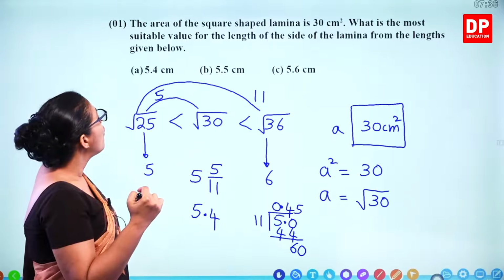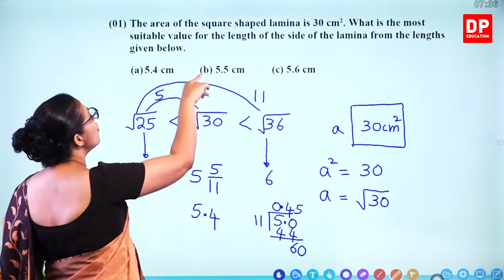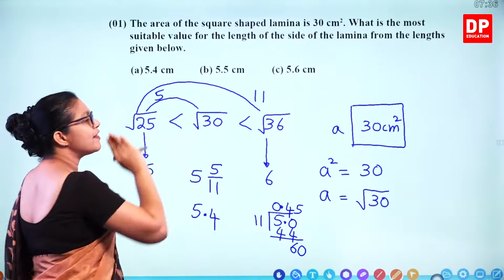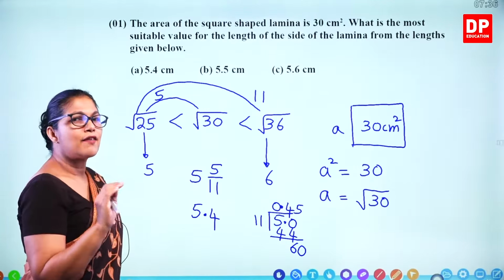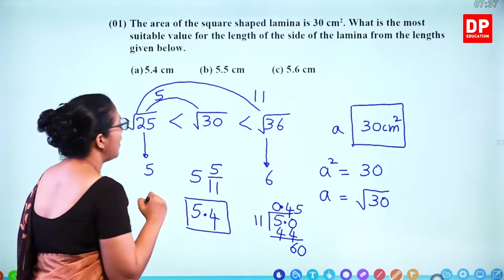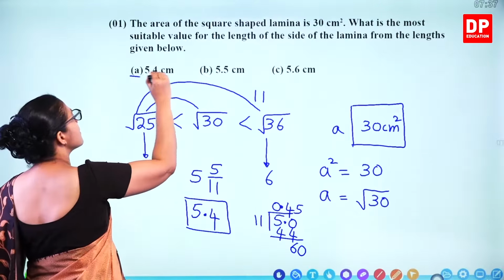But for this question, you can take 5.4 as the approximated value. So this is the answer.